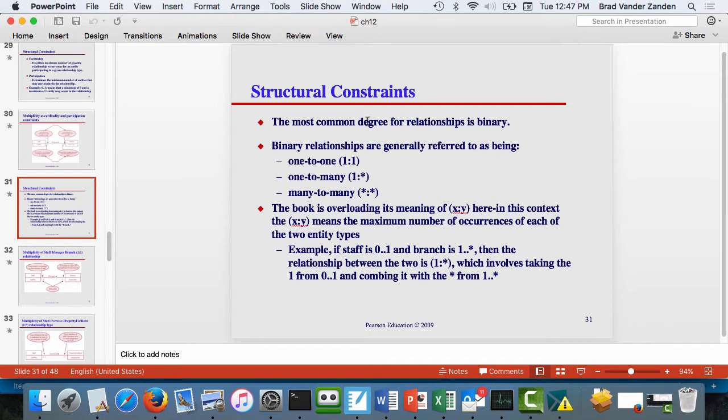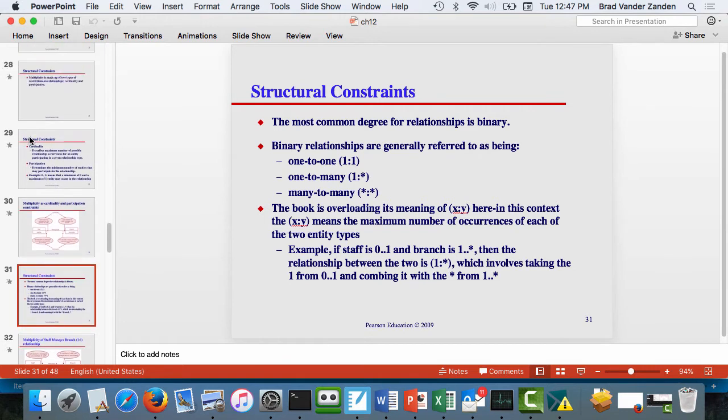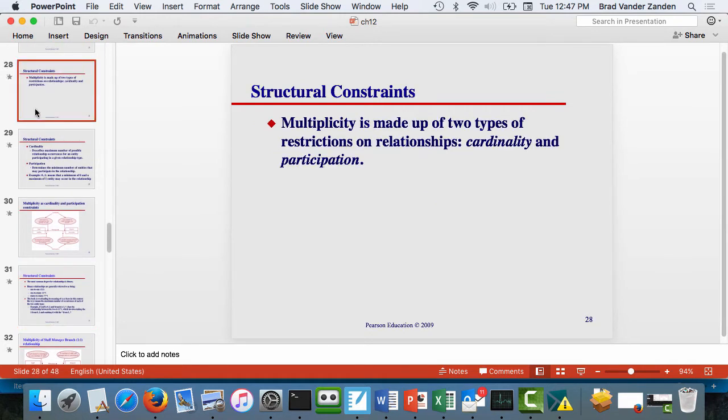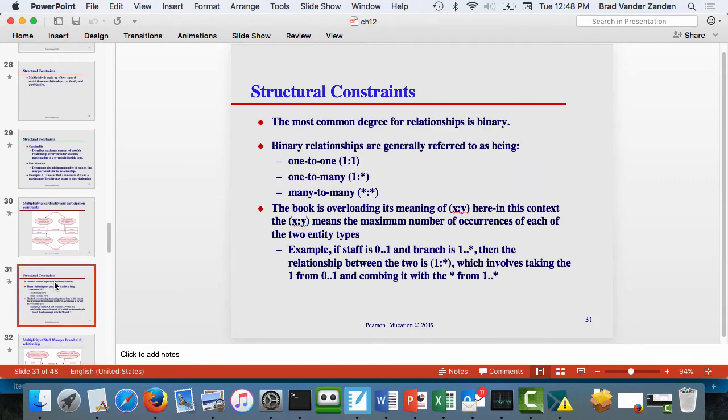So when you're coming up with relationships and participation rates, you start by doing the multiplicity. Figure out the minimum number, which is the participation rate, and the maximum number of entities that can occur in the relationship. The maximum is the cardinality and the minimum is the participation. Once you have that, then you can determine the degree of the relationship, which is the maximum cardinality on each one.